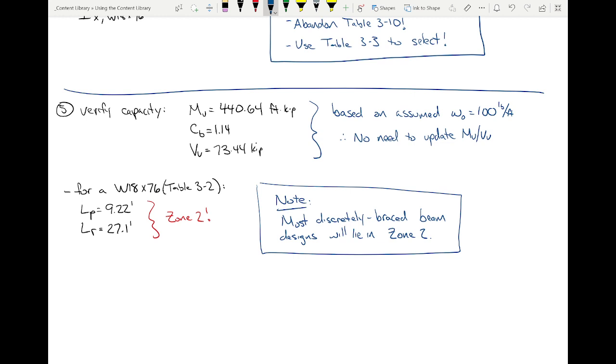Now, if we're in zone 2, we're going to need some values. We're going to need Cb. We're going to need a phi Mp. What is phi Mp? 611. Okay.